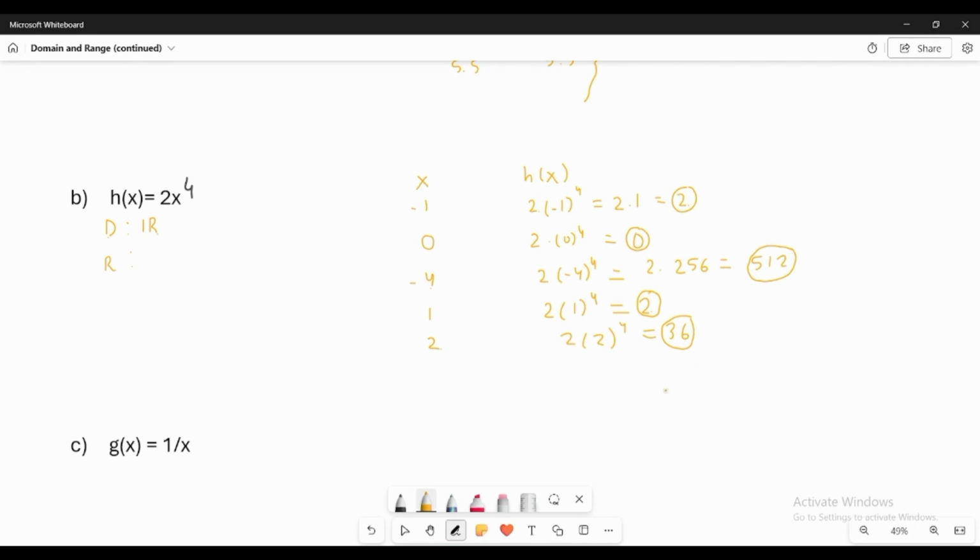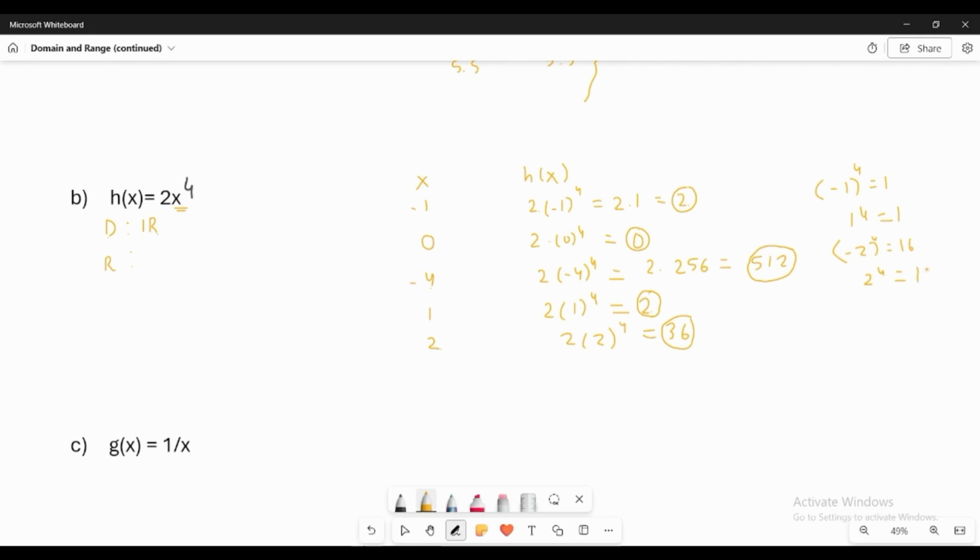There is no chance of that. Why? Because anything raised to the power of 4 is always positive, like we did in the examples also. If you do negative 1 to the power of 4, that's 1. If you do 1 to the power of 4, that's also 1. If you do negative 2 to the power of 4, that's 16. 2 to the power of 4 is also 16.